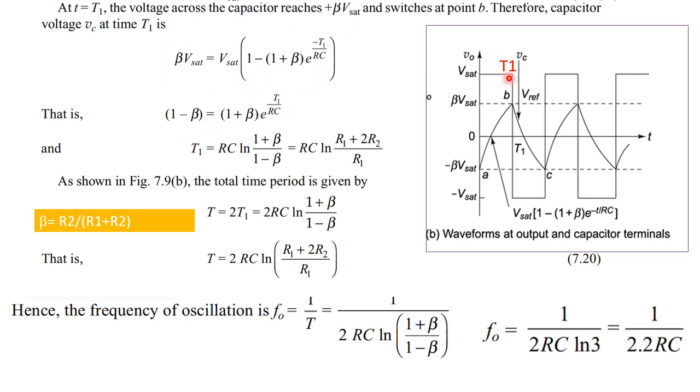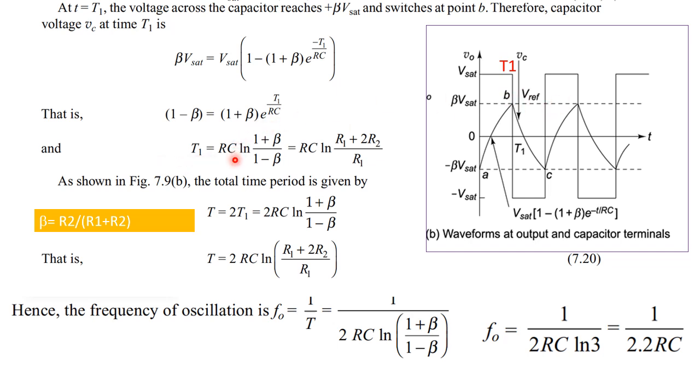At T1, the pulse width of the positive wave, the capacitor voltage value is beta Vsat. I substitute it in the capacitor voltage expression, cancel Vsat and Vsat, and simplify. On simplification, I find the value of T1, the pulse width.